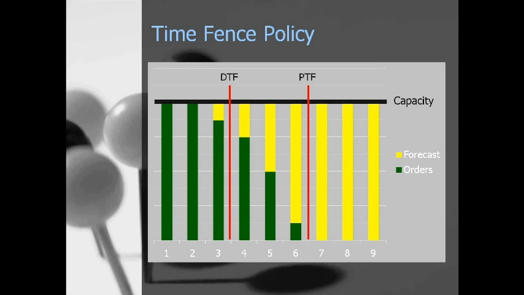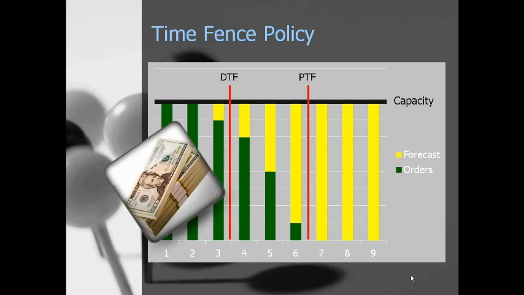We've got production running. And our friends in sales come in and say that they've got this rush order that they need to drop into week number 2. That happens all the time. What happens if we make that change is extremely expensive.